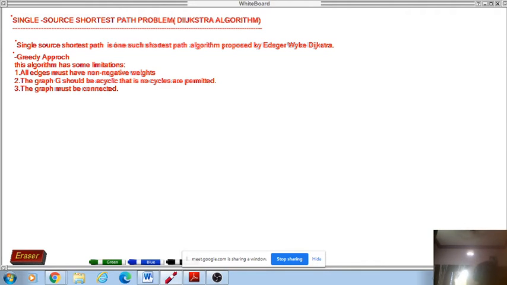There is some terminology related to single source shortest path that should be known. The length of a path is defined as the sum of the weights of the edges. We'll take a graph and I'll show you how to find the length of the path. You have to know these things.